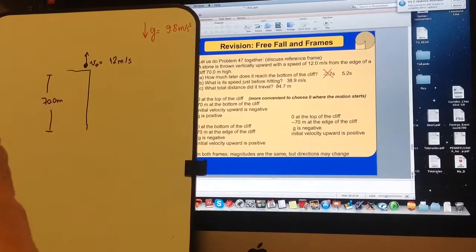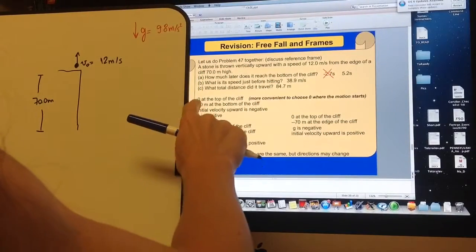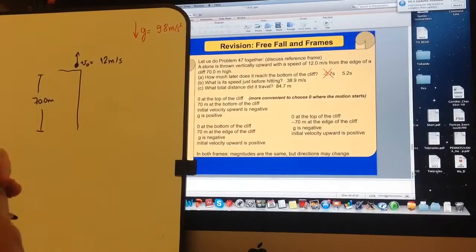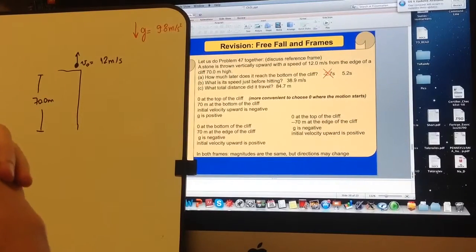So we're going to be playing with two reference frames. The first reference frame, you can see here, we'll say that 0 is at the top of the cliff, and we are going to choose the reference frame pointing down.